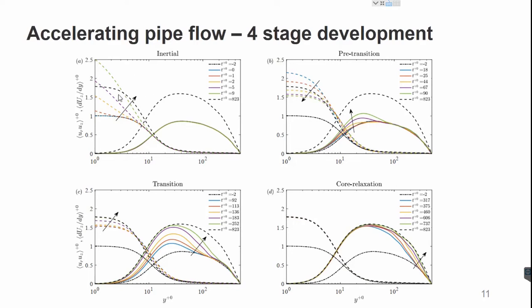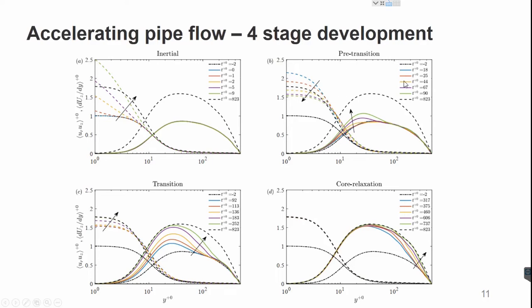So there's a very big growth in the viscous shear stress during this stage. However, an interesting thing here is that the Reynolds shear stress, which is related to the response in turbulence, has remained almost unchanged. This is telling us that turbulence is frozen even though we have accelerated the flow. Turbulence doesn't respond as fast as we think.